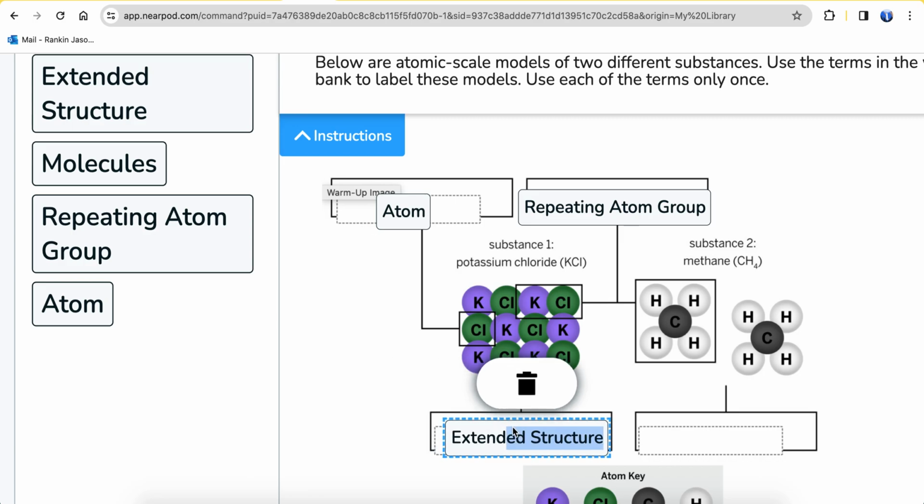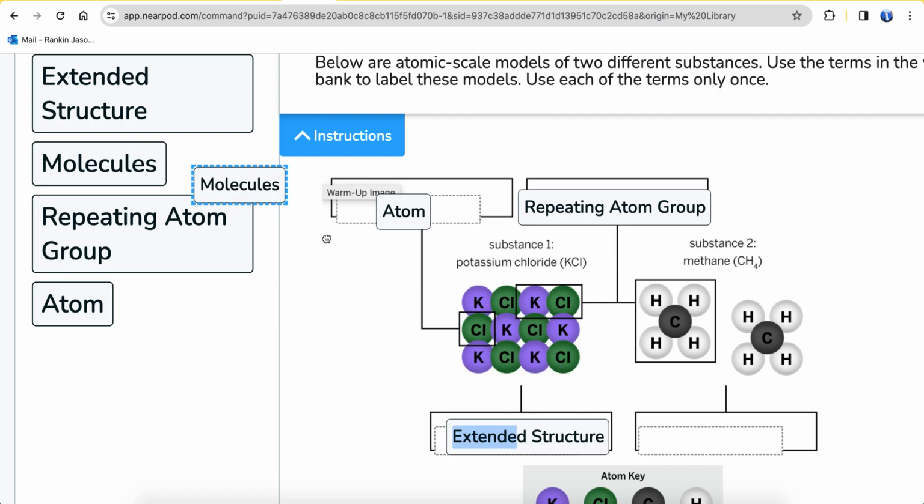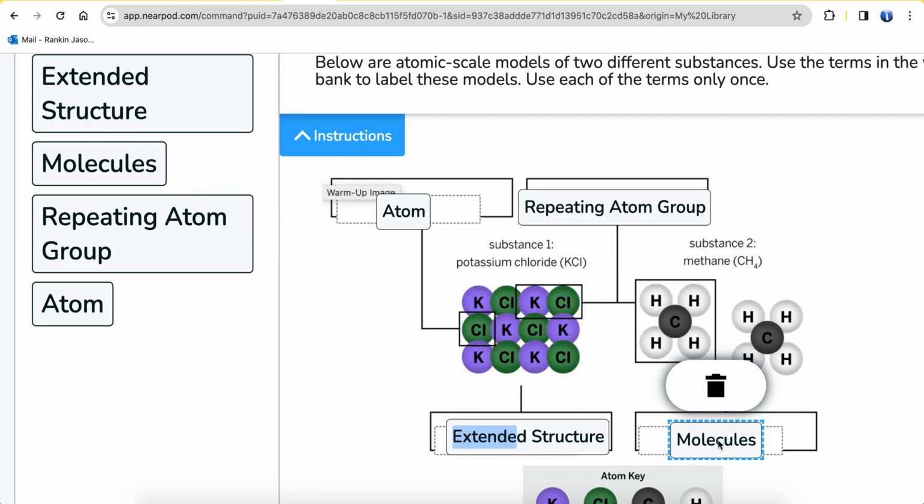All right, and that's your extended structure. So this is going to be repeating over and over and over again. The KCls all are touching and they are repeating. Last one's molecules, right? So I'm going to extend this over to that section here. And these are two molecules of methane, CH4.